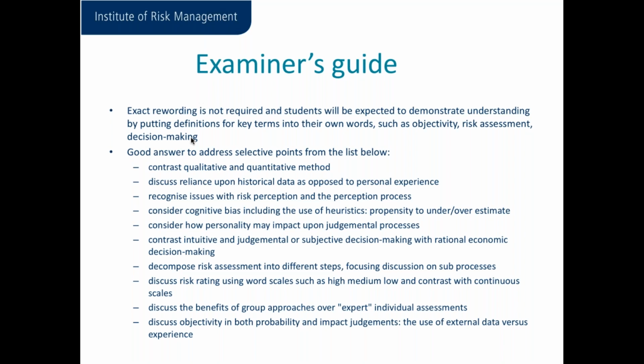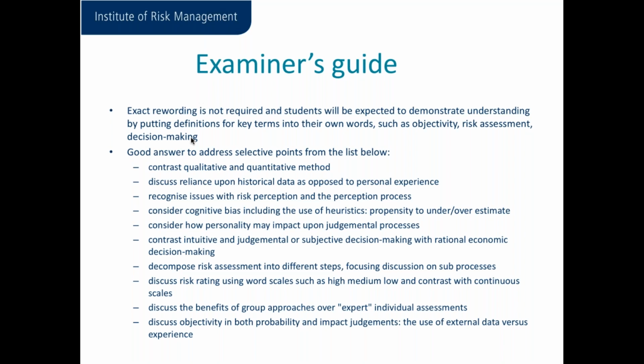Considering cognitive bias, including the use of heuristics, the propensity to under and overestimate. So that one came out of the quantitative pitfalls. How personality may impact on judgmental processes. Contrast intuitive and judgmental or subjective decision making with rational economic decision making. So the more information you have, the better.